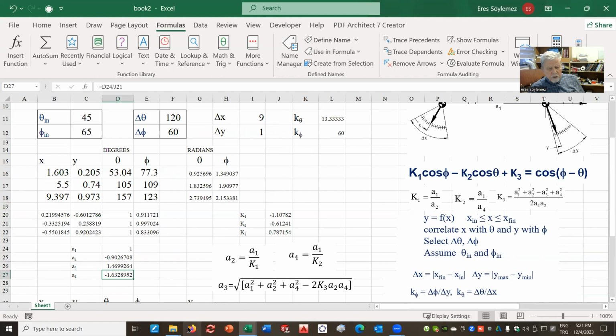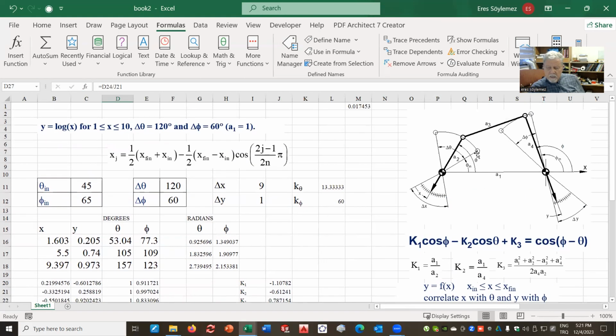Now, A2 and A4 turned out to be negative. In this case, if theta initial is 45 degrees, you see the length cannot be negative. If the result turns out to be negative, it means you have to measure this angle not from this side, but from the other side.